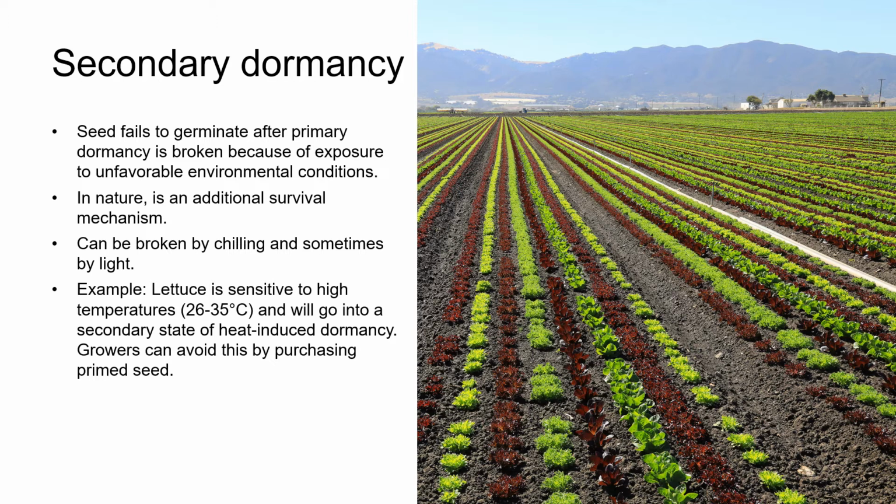So this is well above 80 degrees Fahrenheit. And lettuce seed will go into a secondary state of heat-induced dormancy. Growers can avoid this by purchasing seed that's been primed, and that was one of the additional services that's often provided by commercial seed growers that was mentioned in the previous unit.